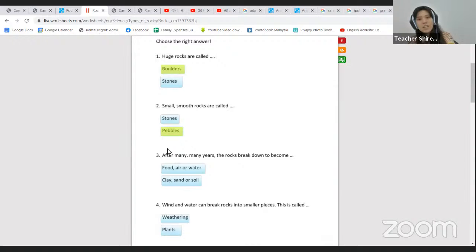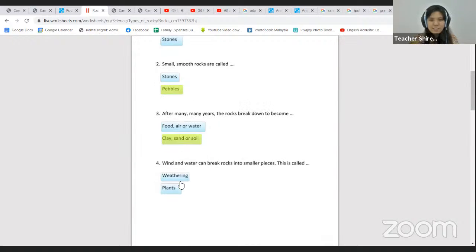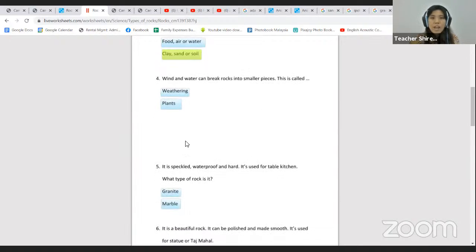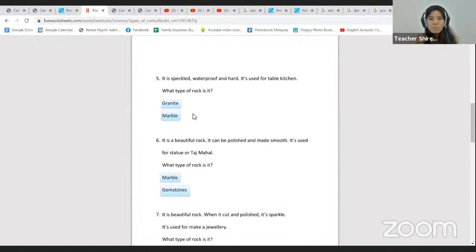After many years, the rock breaks down to become clay, sand, or soil. Awesome. Wind and water can break rocks into smaller pieces. This is called weathering. Awesome.